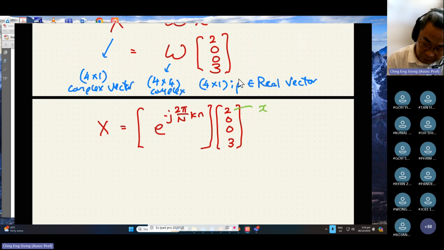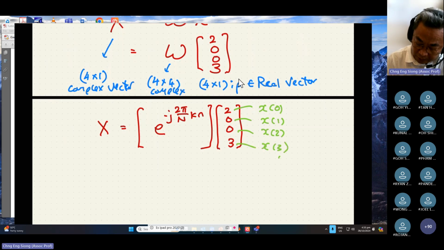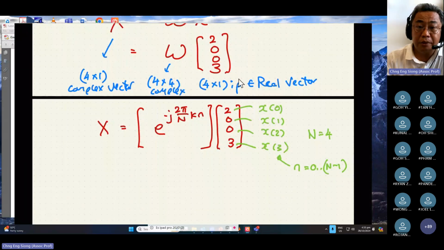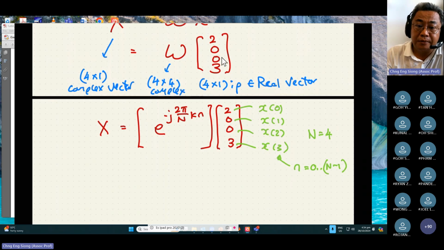This is small x0, small x1, and here is small x3. And this little bracket here is n, running from 0 to N minus 1. And our capital N is equal to 4 because our input is a 4-element vector.